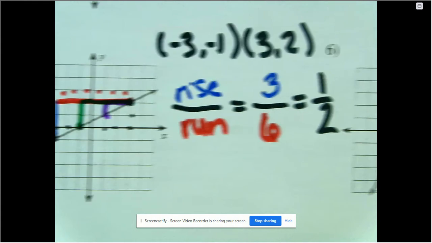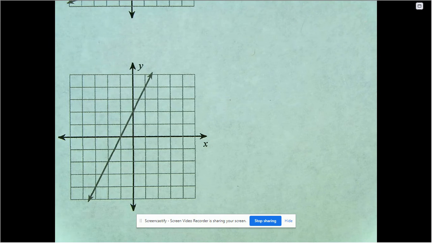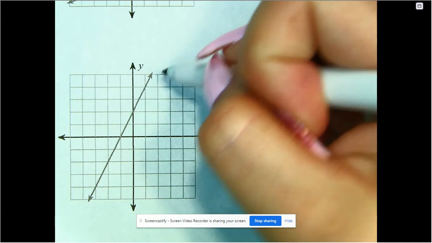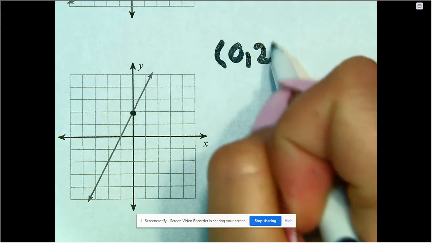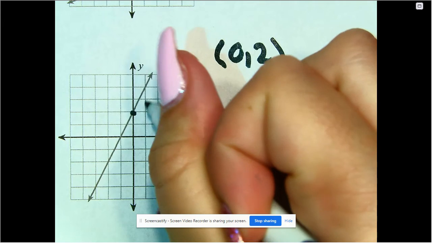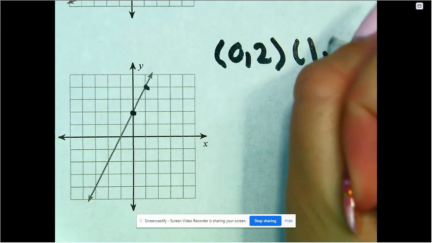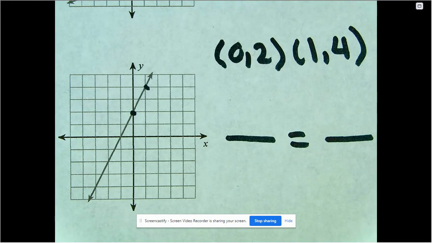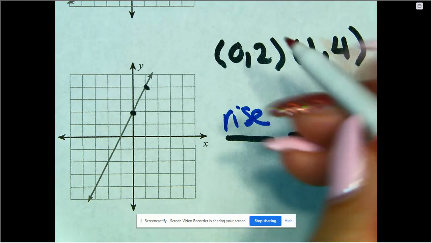Okay, and one last example is number 6. So the 2 points that I'm going to use for number 6, let's use (0, 2) and (1, 4). And I need to find my rise over the run.